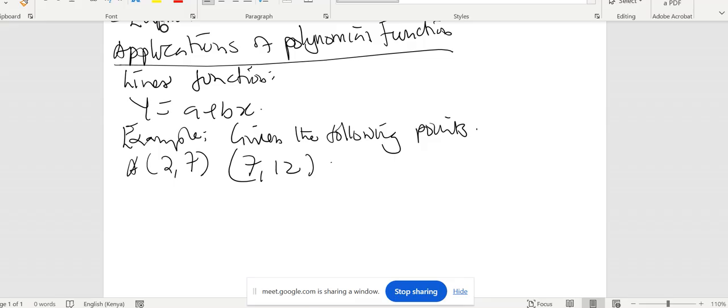So can you form a linear function from here? Yes. So here, just say develop a linear function.